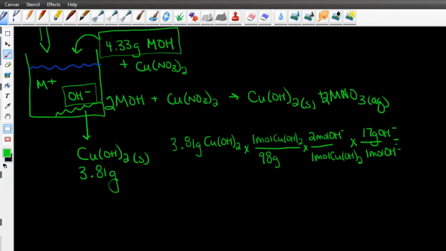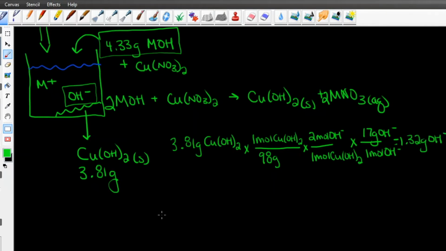3.81 times 2 times 17 divided by 98, 1.32 grams of hydroxide.